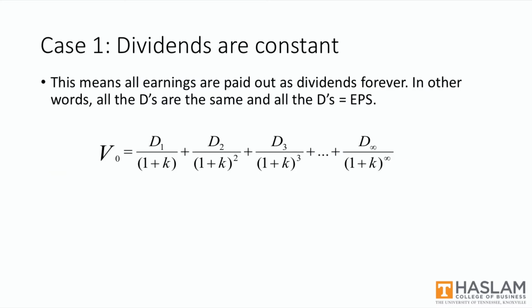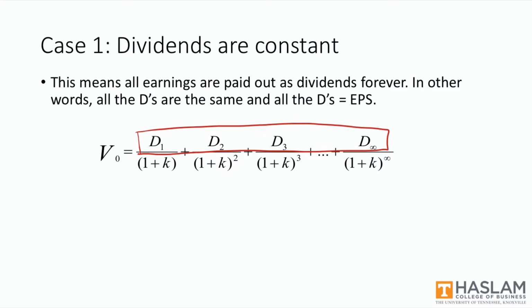Case 1, dividends are constant. This typically means that the firm has no growth opportunities, and so it's simply going to pay all of its earnings as dividends and do so forever. In other words, all the dividends are the same. And so looking at the equation, these numerator terms become much more simple.